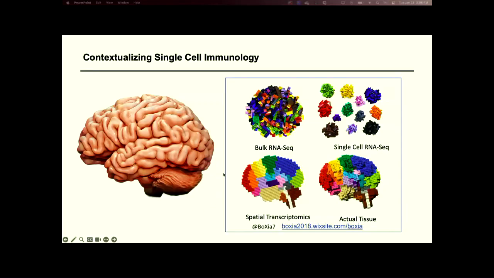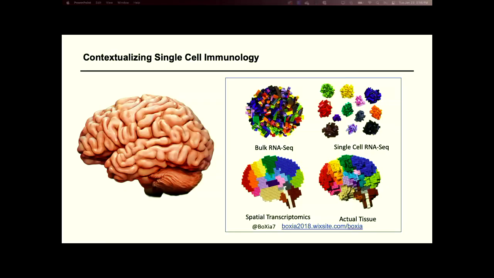So if we have a brain here, we could sort of view bulk RNA-seq as different Legos. And then single-cell RNA-seq is we can look at the different colors of Legos or the different cell types and quantify how many of those cell types there are. And then we can look at spatial transcriptomics, where we can look at doing genome sequencing on top of a pathology slide slice.